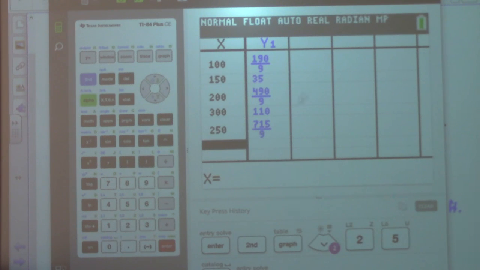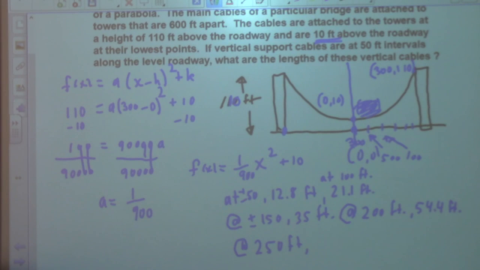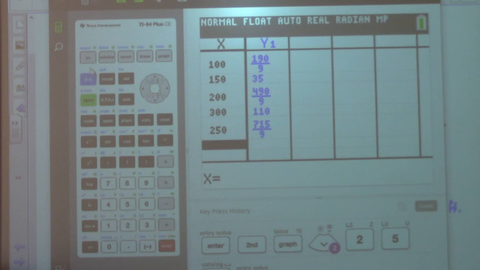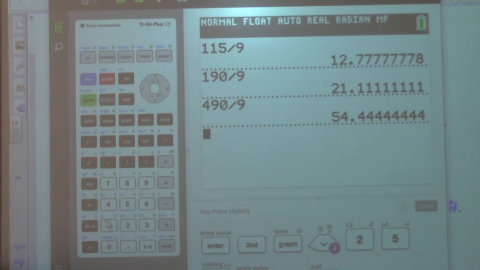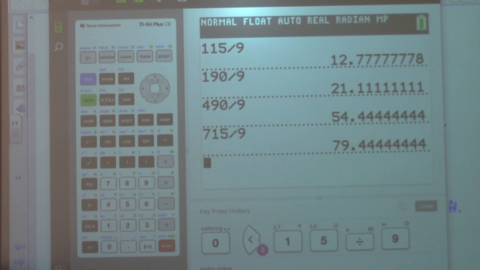At 250, we have 715 over 9. So 715 over 9. Is it 750 over 9? 715 over 9, thank you. So 79.4 feet.